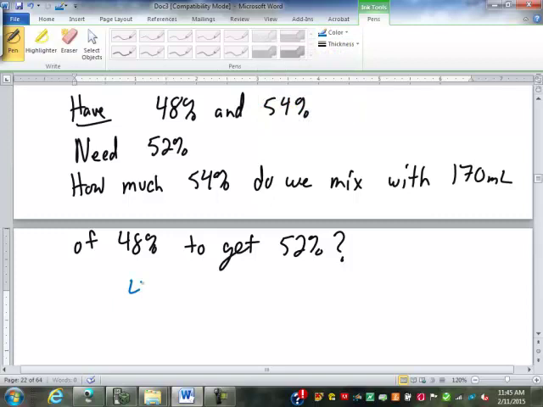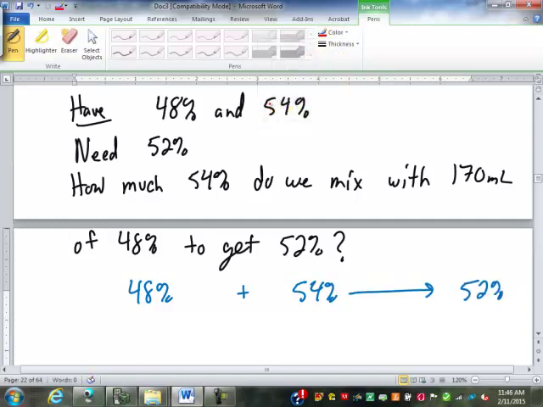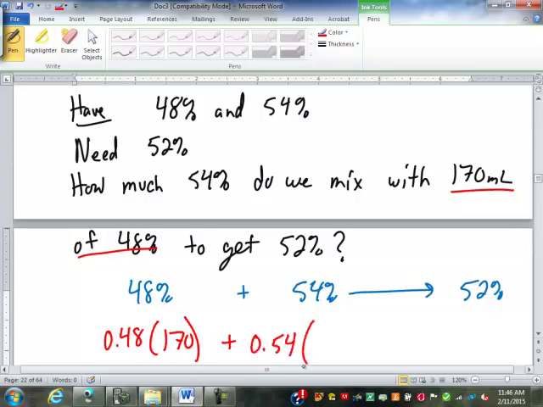So again, we're mixing 48% here with 54% to get a result that's going to be 52%. So the amount of medication or amount of serum in the 48% is 0.48 times, do we have a volume? Yeah, 170 milliliters. Plus 54% is a concentration of 0.54. Do we have its volume?